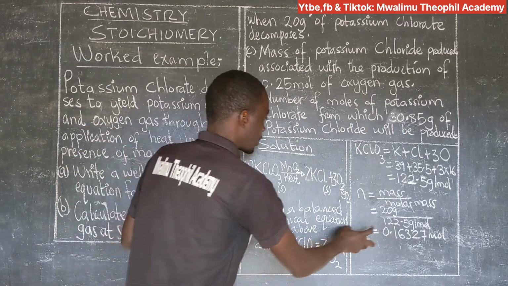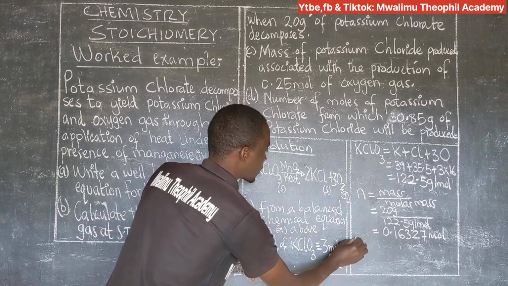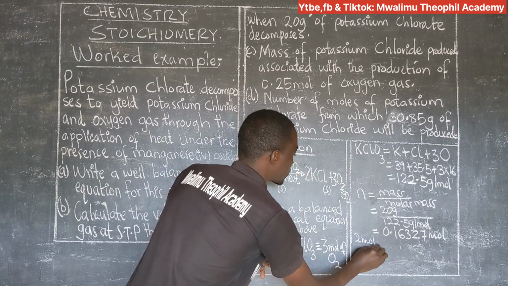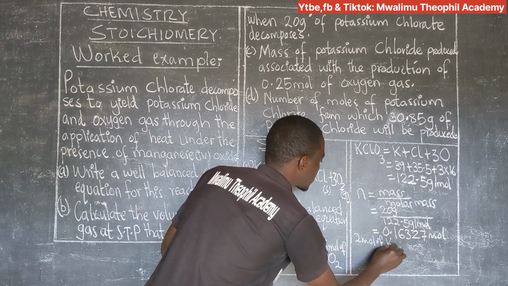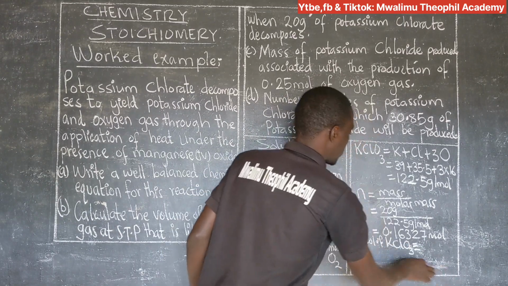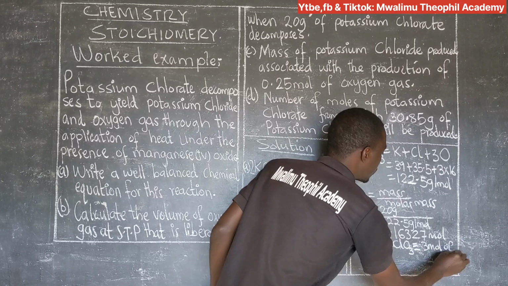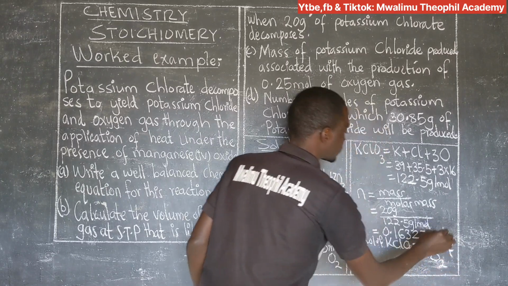Let's now turn back to our relation. Our relation is that 2 moles of potassium chlorate is equivalent to 3 moles of oxygen gas.